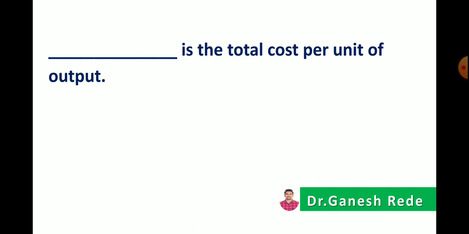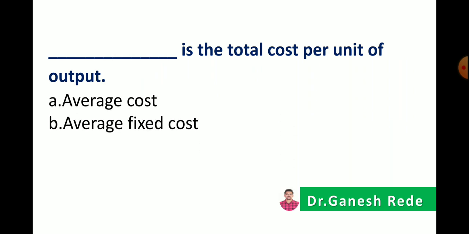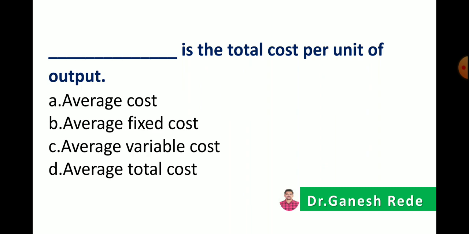The next: dash dash is the total cost per unit of output. Option A, average cost; B, average fixed cost; C, average variable cost; or D, average total cost. So the correct answer is average total cost is the total cost per unit of output.